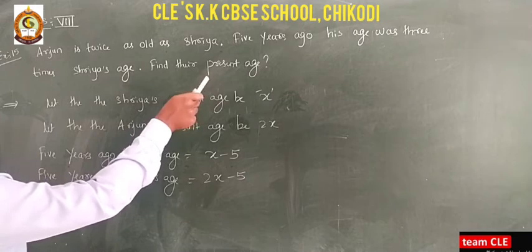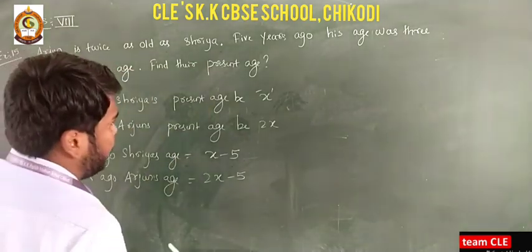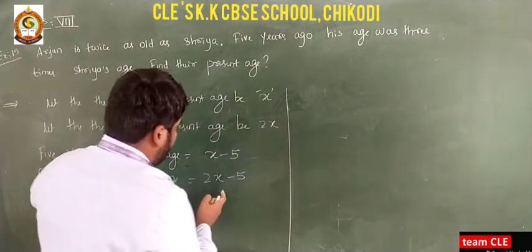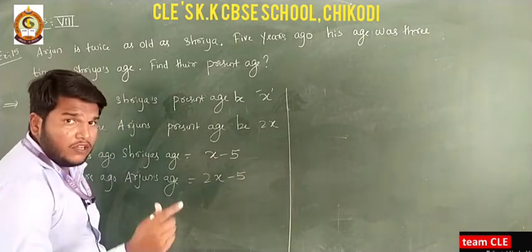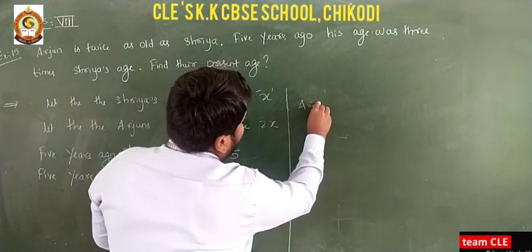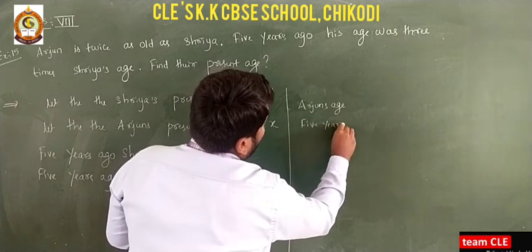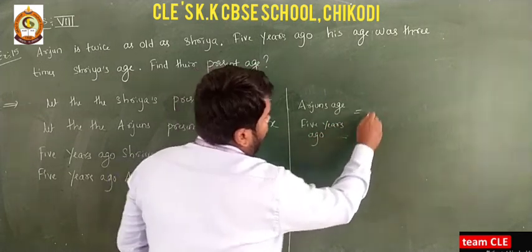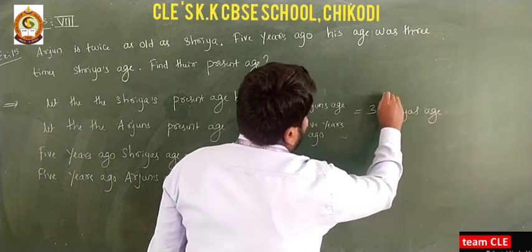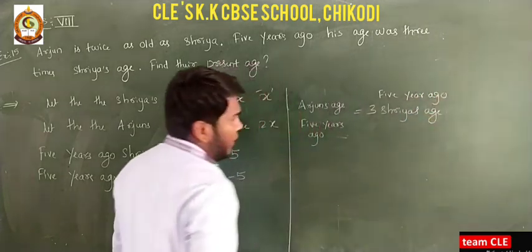Means Arjun's age 5 years ago was thrice Shreya's age 5 years ago. So this is the equation we can consider, according to the question.